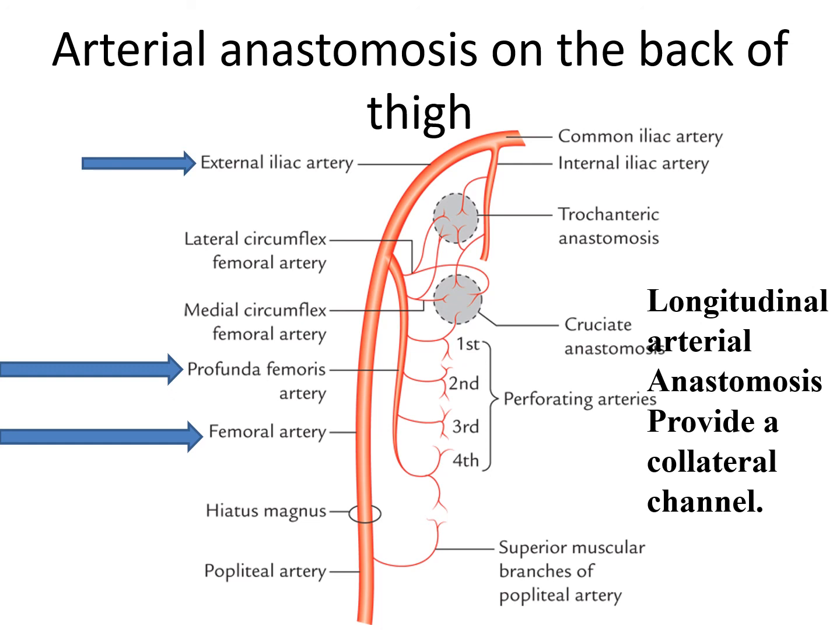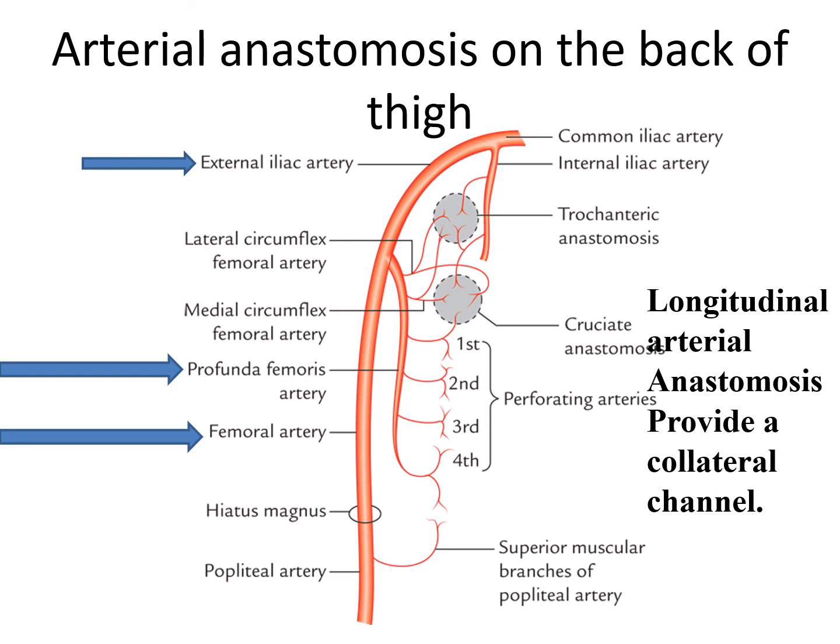The femoral artery gives its largest branch, the profunda femoris artery. Other branches are the lateral circumflex femoral artery and the medial circumflex femoral artery. The profunda femoris gives the first, second, third, and fourth perforating branches.